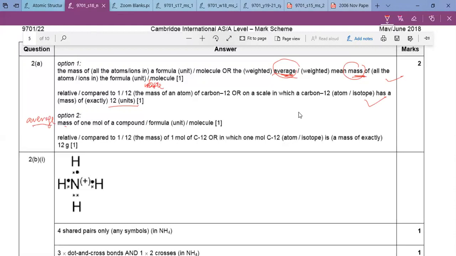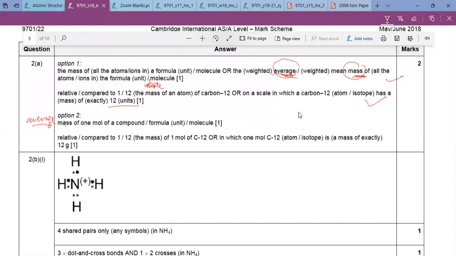Why average? Because it is the average mass of 1 mole of the compound, or in this case, if it's ionic, 1 mole of the formula unit or ionic unit, compared to the same thing. So it's up to you. Remember, if this is formula mass, you should think of the ionic unit. If it's just relative molecular mass, then you don't have to worry about it.